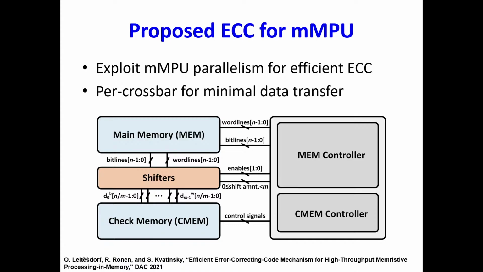So throughout the computation, we can also perform within the memory the ECC calculations that are required, including the detection and correction. Everything is done within the memory, also rotating some of the bits so the code will be strong enough.